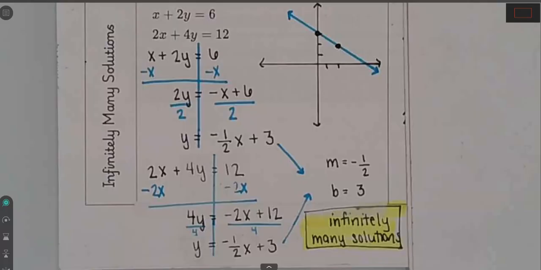My graph. I don't know who this is. Oh my god.